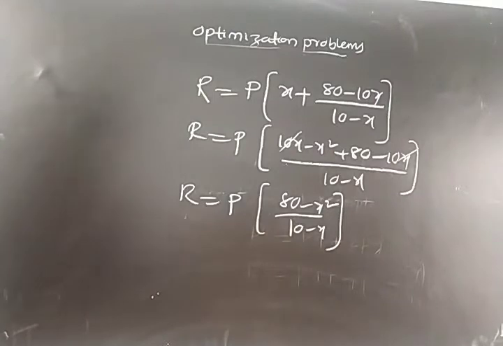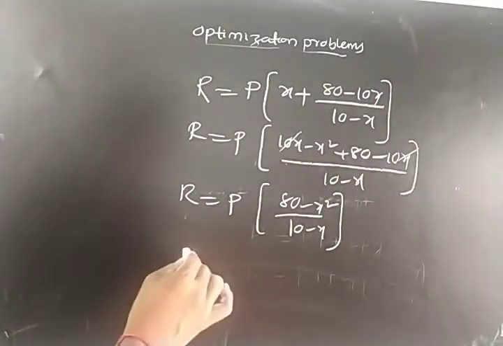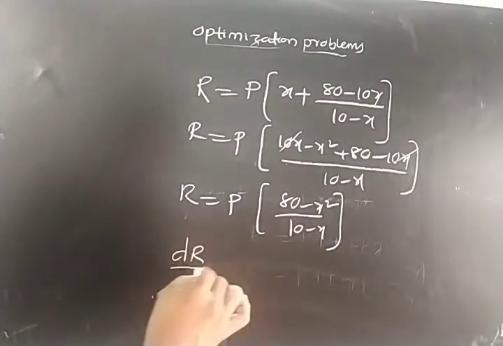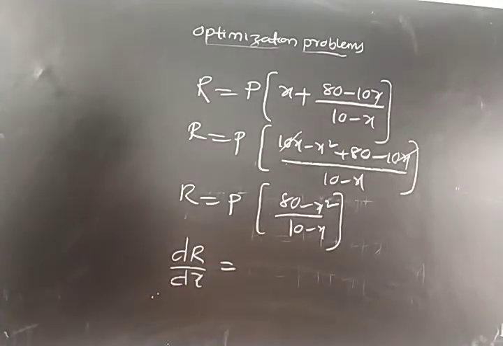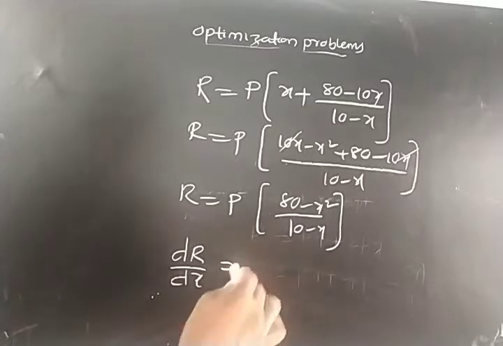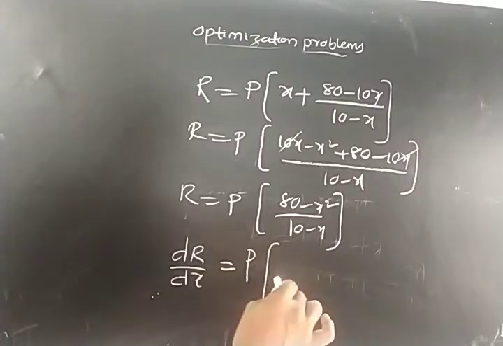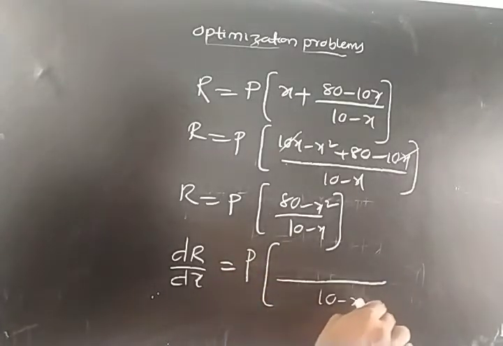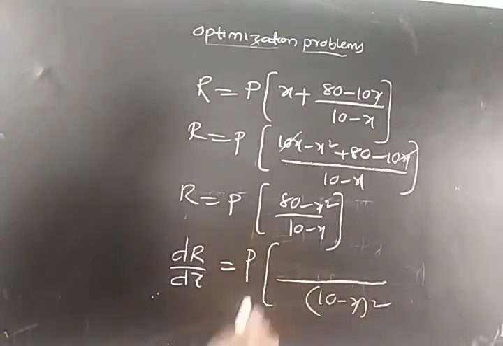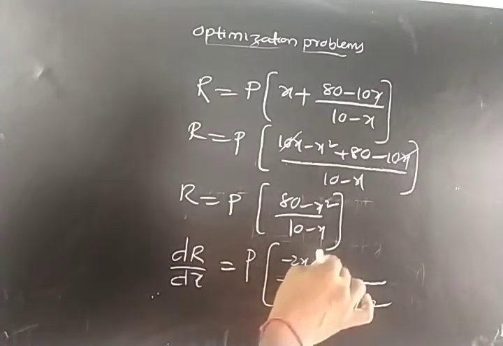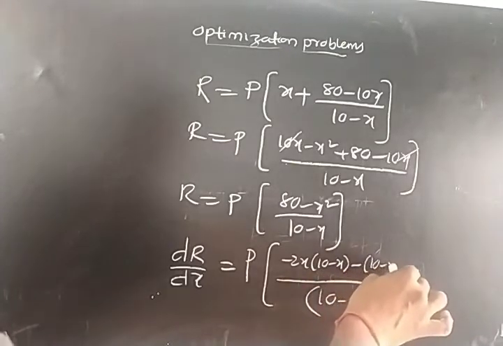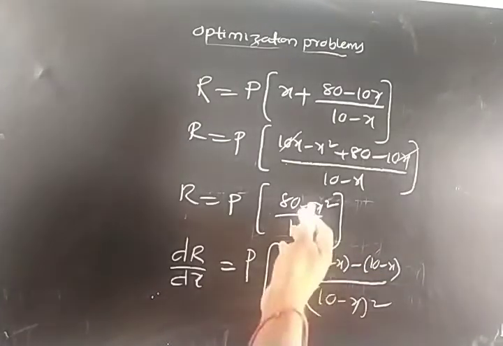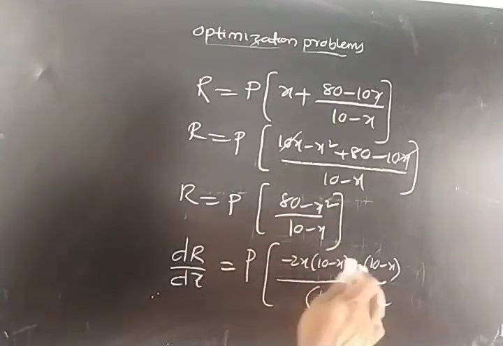Right, to maximize this receipt, I will differentiate it, dR by dx. u by v formula here. So denominator 10 minus x whole square, numerator first derivative minus 2x into 10 minus x, leave the denominator 10 minus x. Sorry, here we are leaving the denominator.